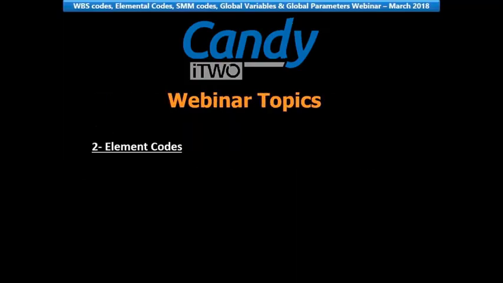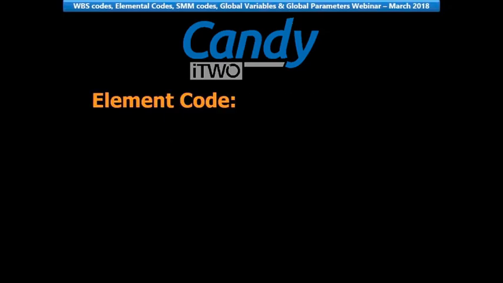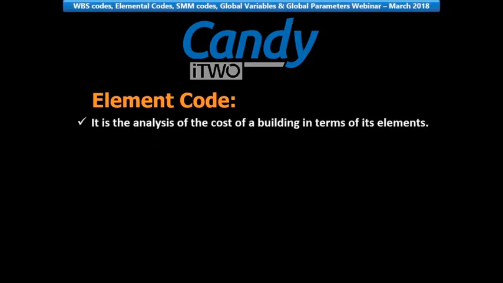Our next topic, element codes. The purpose of cost analysis is to provide data that allow comparison to be made between the costs of achieving various building functions in a project with those of achieving equivalent functions in other projects. Element code is the analysis of the cost of a building in terms of its elements.